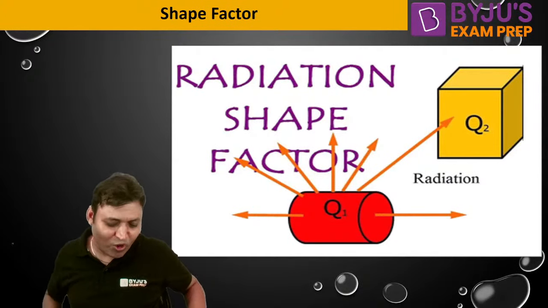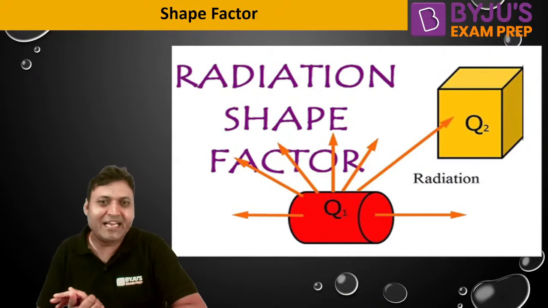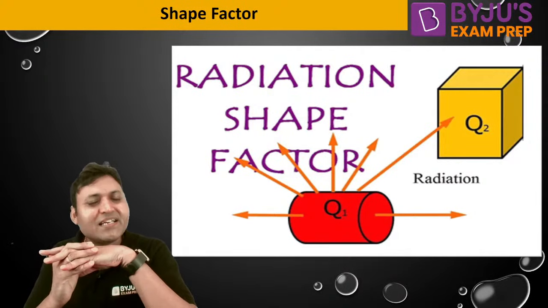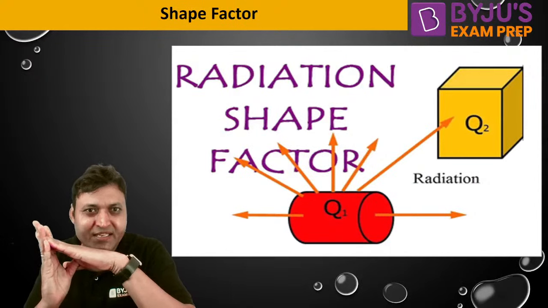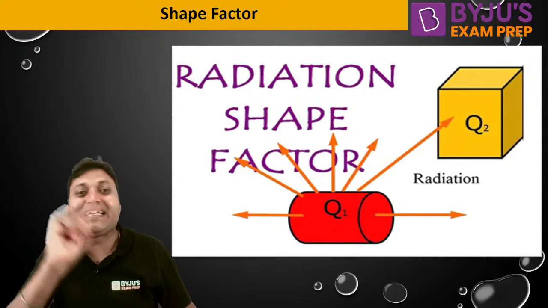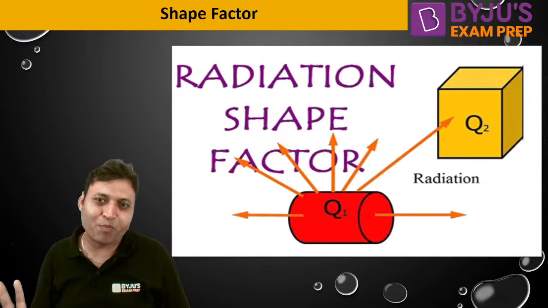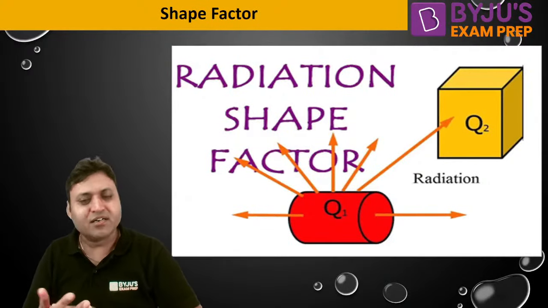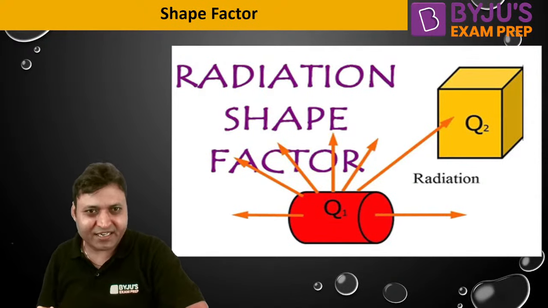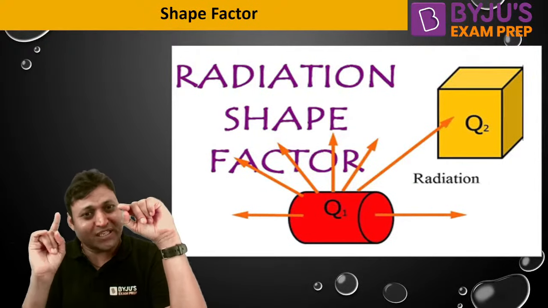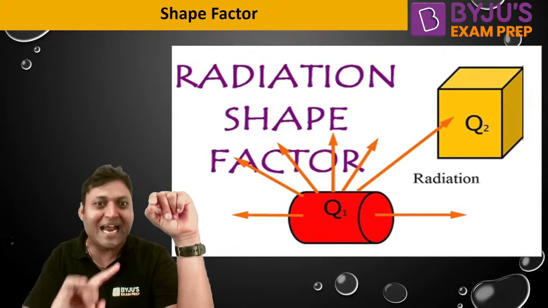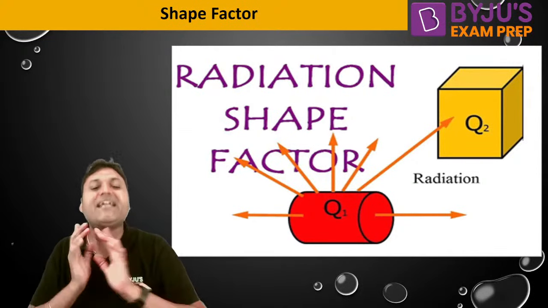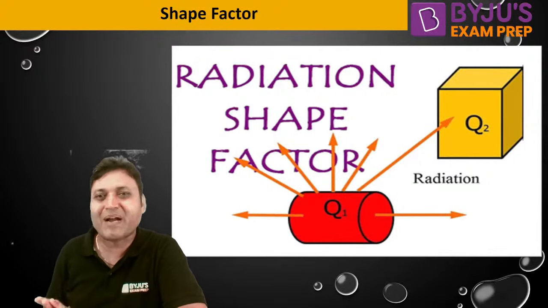Now let us move to the more important, more wonderful part of the radiation, that is the shape factor. What I was telling you is the radiation heat exchange between two or more surfaces not only depends on their temperatures and the radiation properties like absorptivity, emissivity, transmissivity, and reflectivity, but also on the orientation of those surfaces with respect to one another.